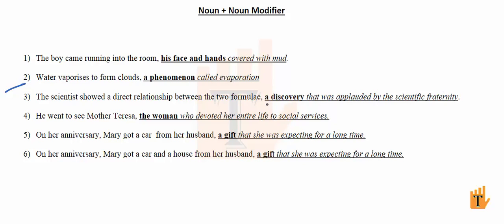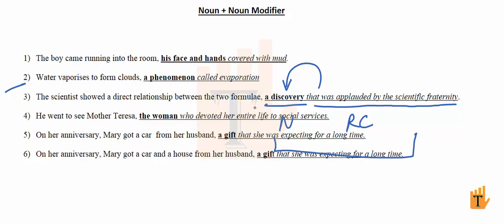So here you see a discovery is the noun, and that was applauded by the scientific fraternity is a relative clause which is modifying a discovery, and this entire thing is further modifying the entire clause. What is the discovery? The discovery is said here: the direct relationship between the two formulae, right? So in such a case, it is modifying the entire clause. Let's see the next one.